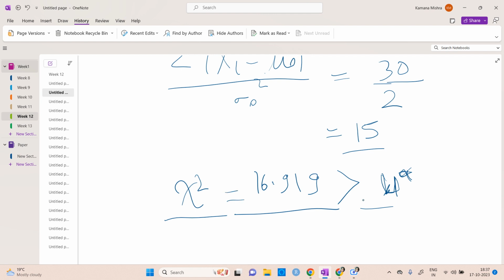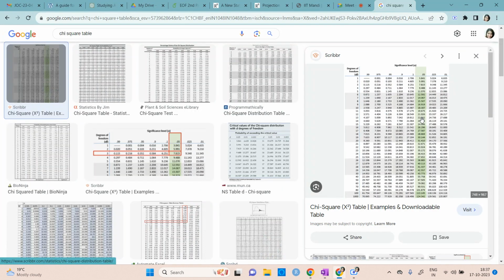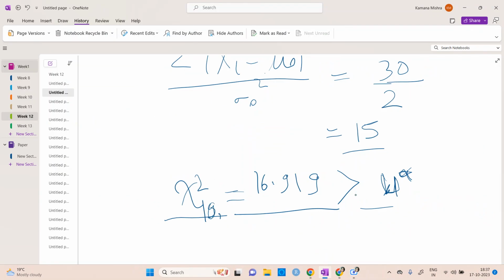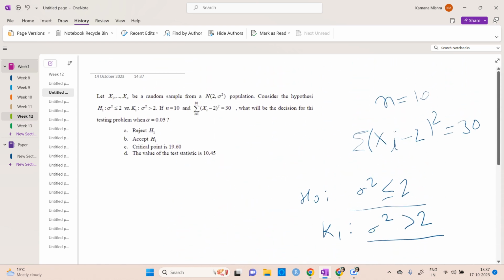If we take the chi-square value at 10, it would be much higher, I think around 18. So chi-square with 10 comma alpha would be 18 point something, and this W is less than this. Then what do you think? What should be this decision? Whether we can accept this null hypothesis or reject the null hypothesis.